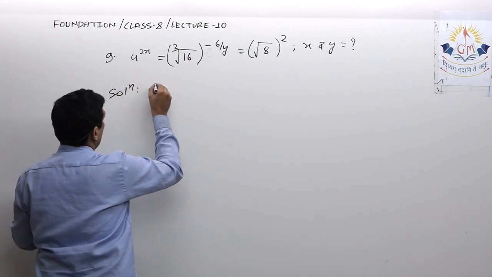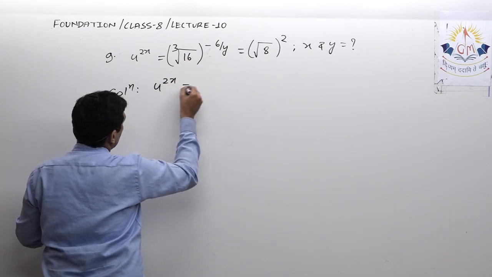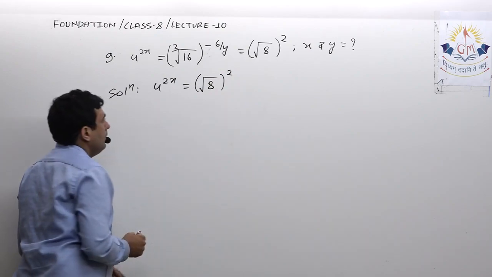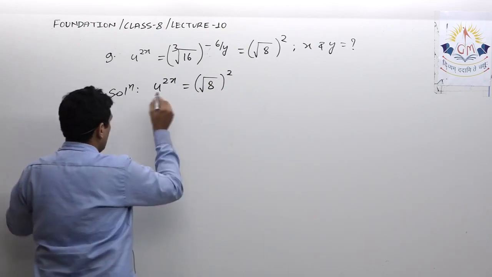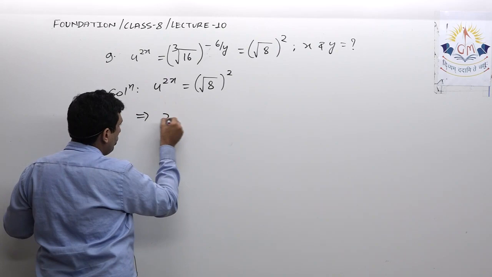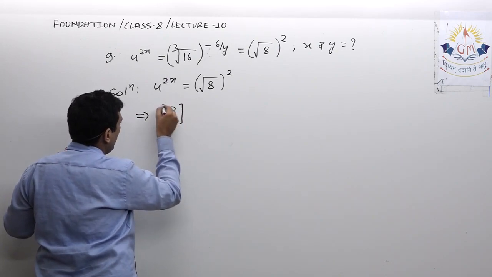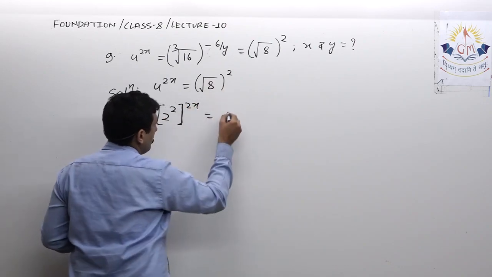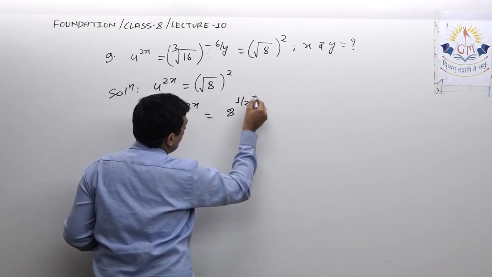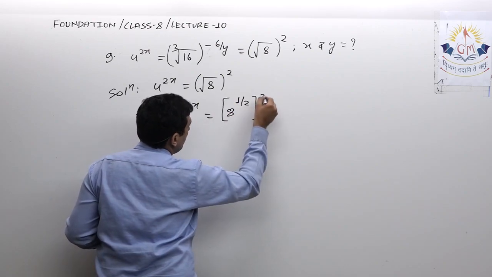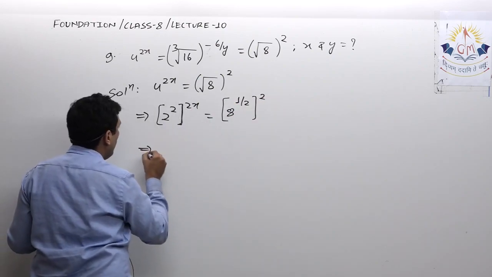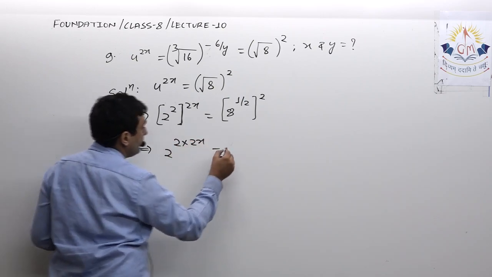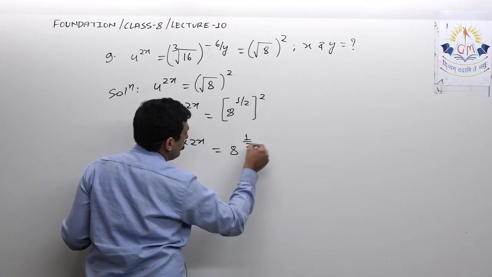Okay, so 4 raised to 2x is 2 square raised to 2x, isn't it? And this is 8 raised to 1 by 2 raised to 2. So now if I apply the power law, this will become 2 raised to 2 into 2x is equal to 8 raised to 1 by 2 into 2.